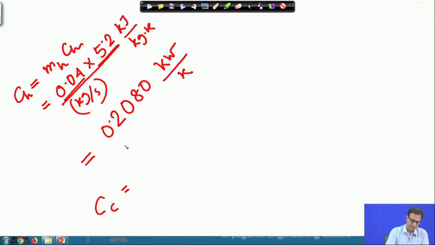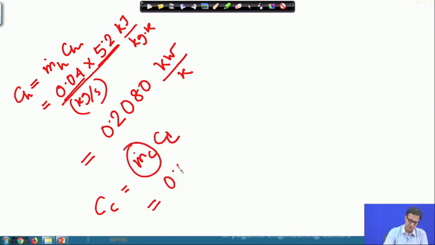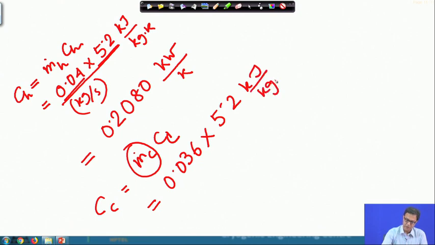So, this will become Mc dot, and then Cc. Then what is Cc? Mc dot is slightly less, and it is 0.036 multiplied by 5.2 kilojoule per kg Kelvin, and then you have for this one this many kg per second.